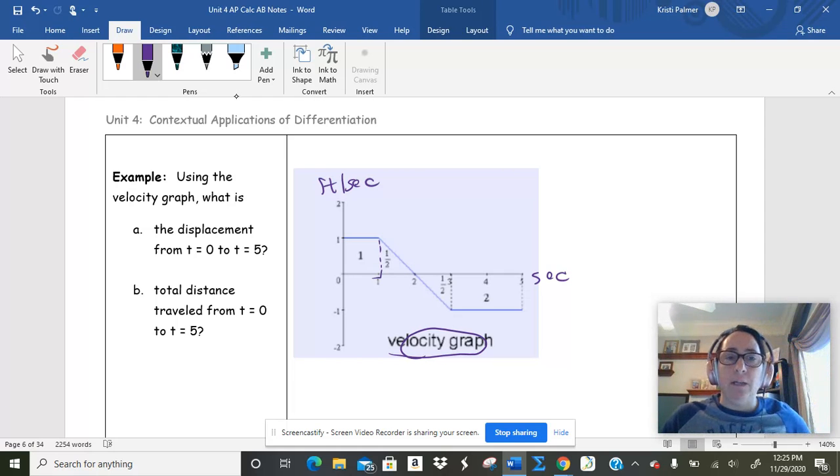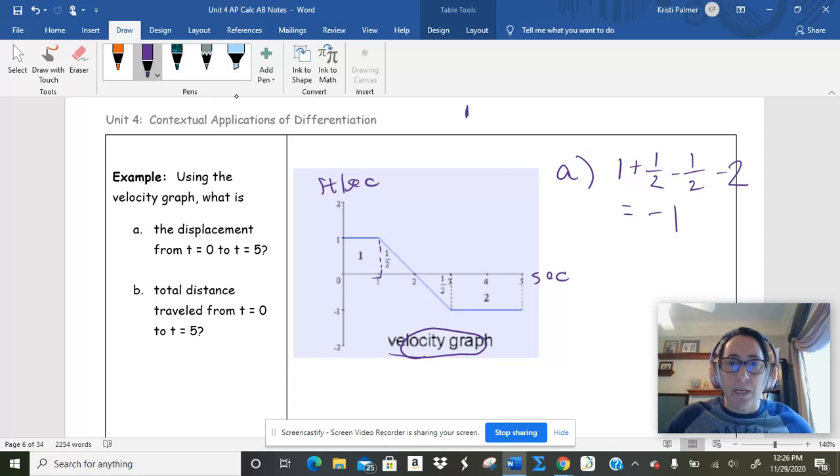So the displacement from 0 to 5, have they moved forward more or have they moved backwards more? Well, we definitely went backwards more, so I know that my displacement is going to be a negative answer. So I'm going to have this +1 and +1/2, and then I'm going to subtract the 1/2 and subtract the 2. My displacement would be from wherever I started.